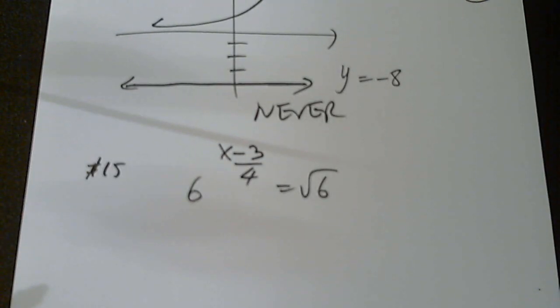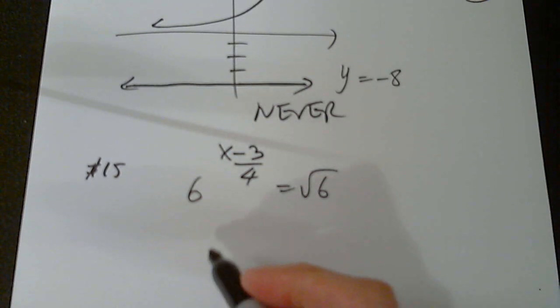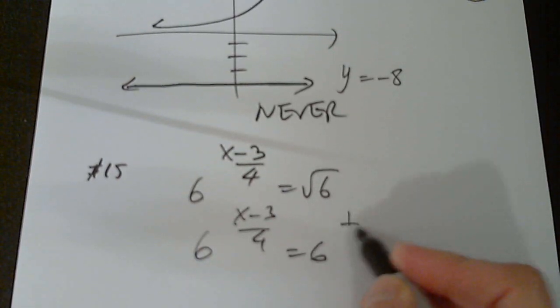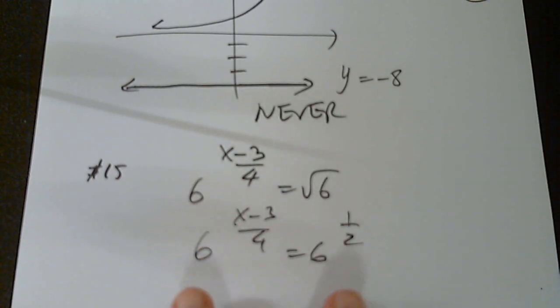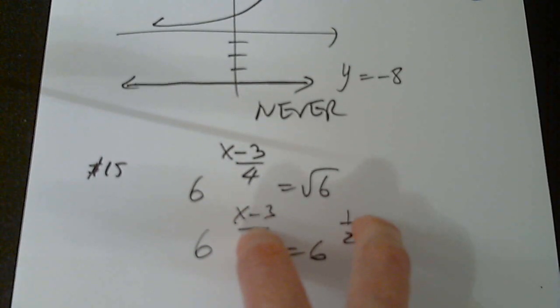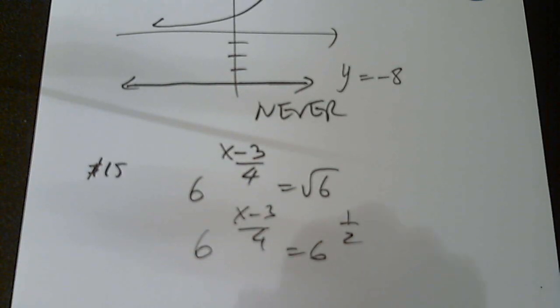And it's always an easy situation as long as we can present both sides with the same base. So 6 raised to x minus 3 over 4 equals 6 to 1/2. Two exponential notations with the same base equal to each other, these two have to be the same. Otherwise, they will never be equal.